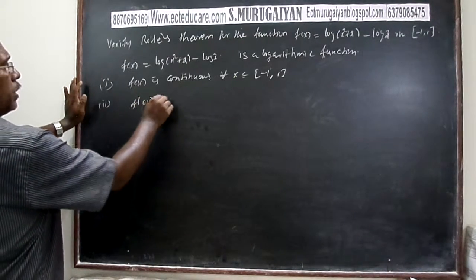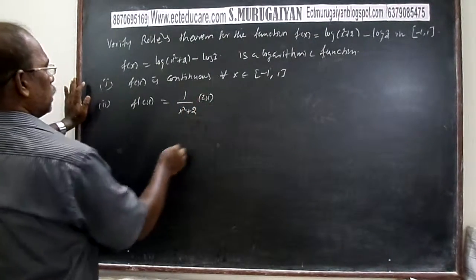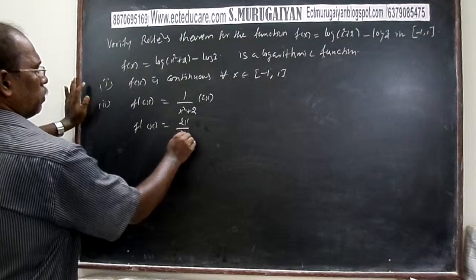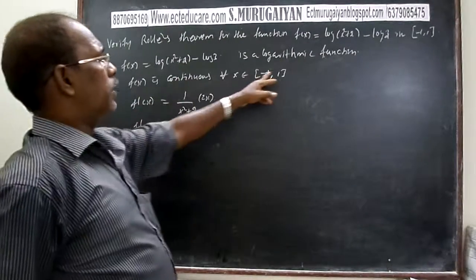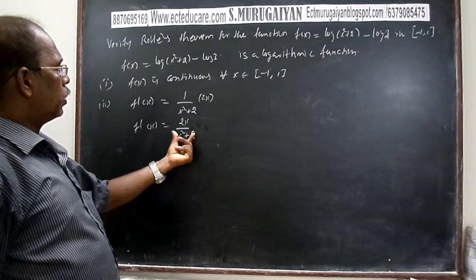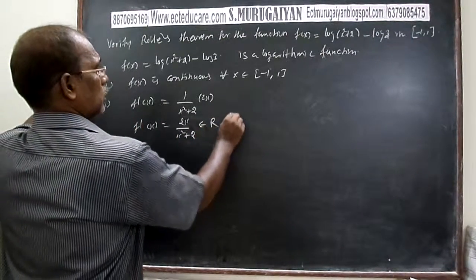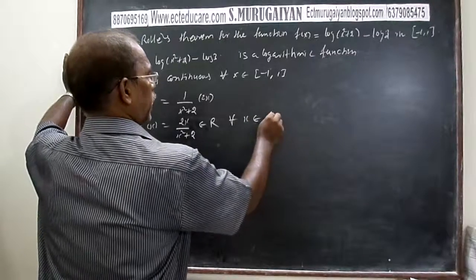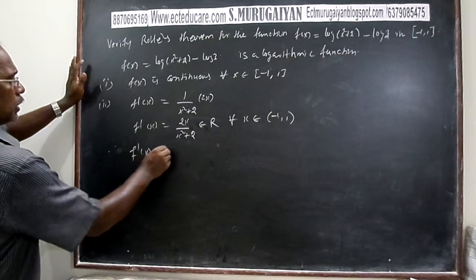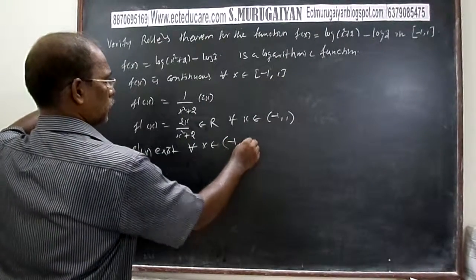and we will find f dash of x first. It is 1 by (x square plus 2) times, by the chain rule, 2x. Then f dash of x equals 2x by (x square plus 2). For all values of x in the open interval minus 1 to 1, x square plus 2 is a real number, and f dash of x is real, and therefore f dash of x exists for all x belongs to the open interval minus 1 comma 1.